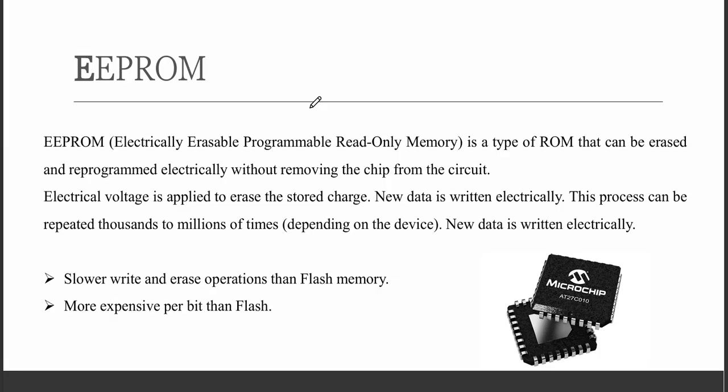So we can delete and read the data using electrical signals. Electrical voltage is used to write and read the data, and compared to the previous ICs, EEPROM is much faster, but it is much slower than flash memory. Let me discuss what flash memory is.